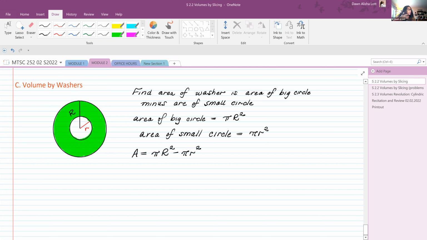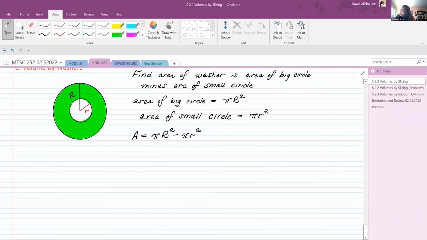Okay, so now if we make them a function of x, so if big R is a function of x and little r is a function of x, then the area of the washer is pi times big R of x squared minus little r of x squared. No dx, just that.